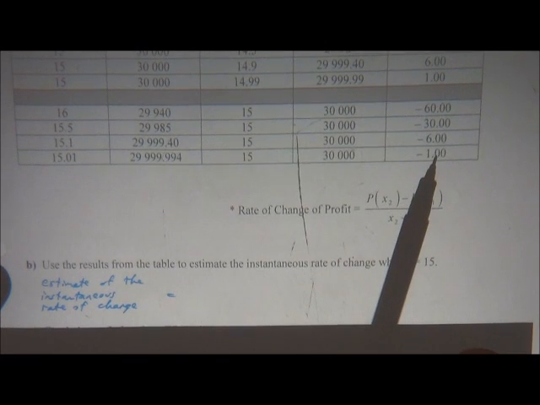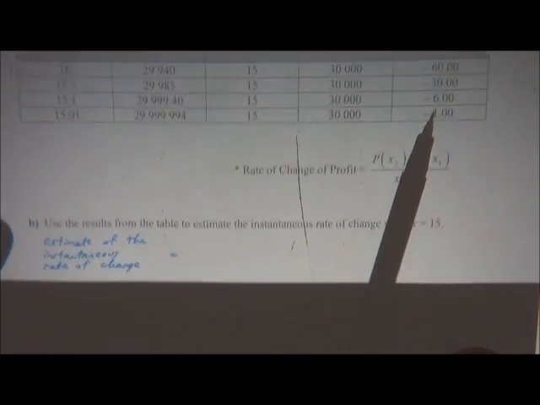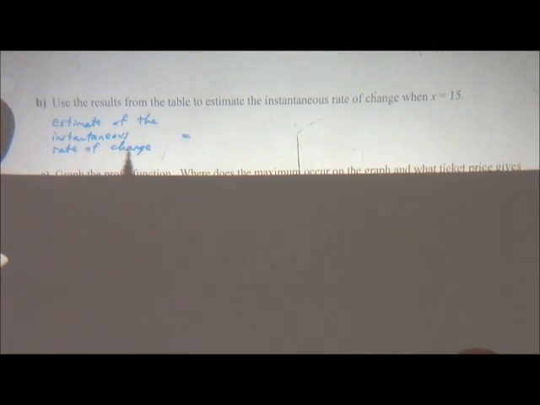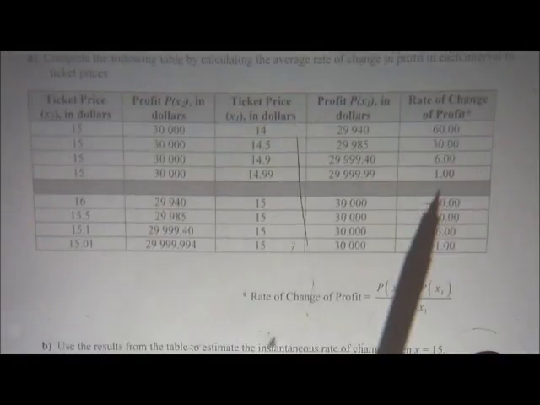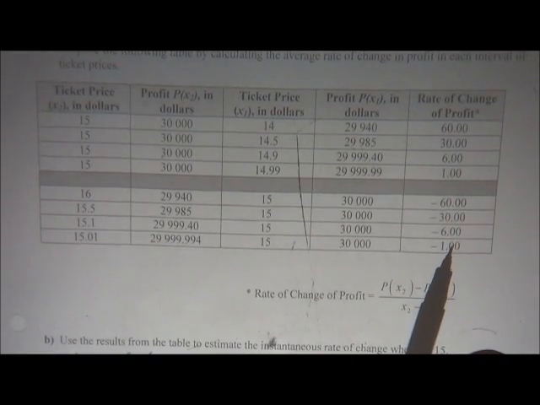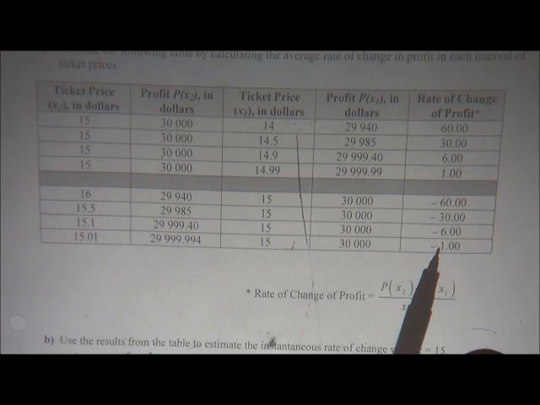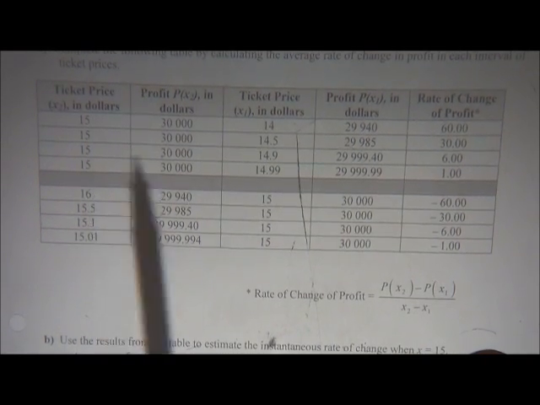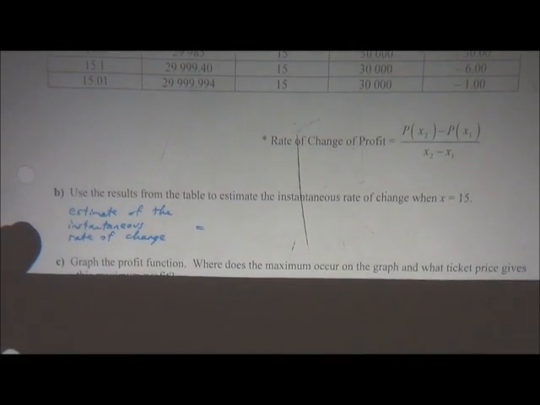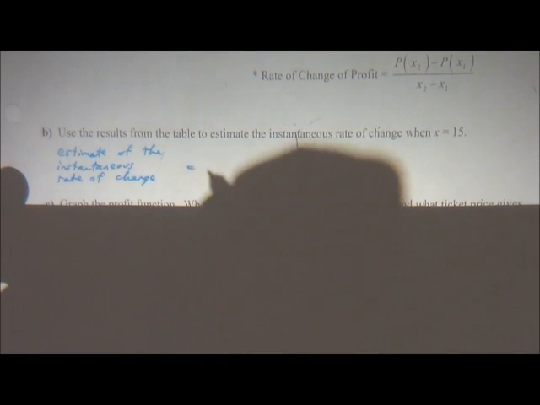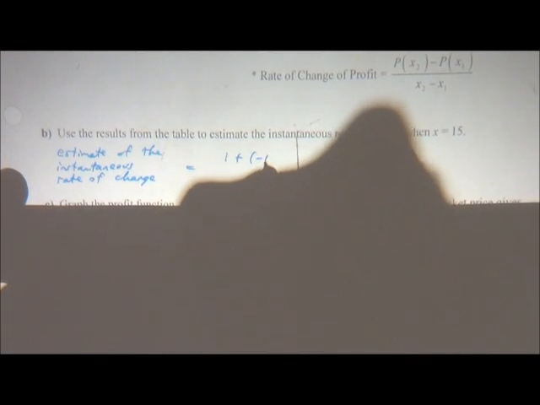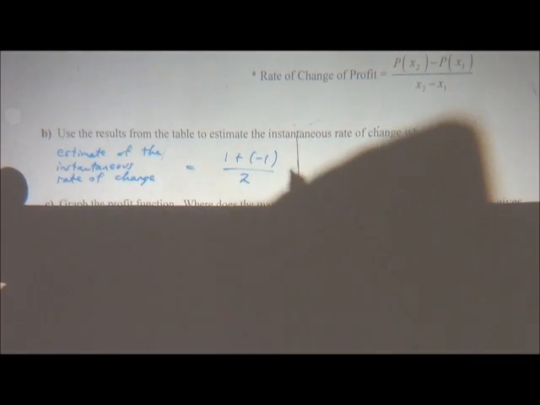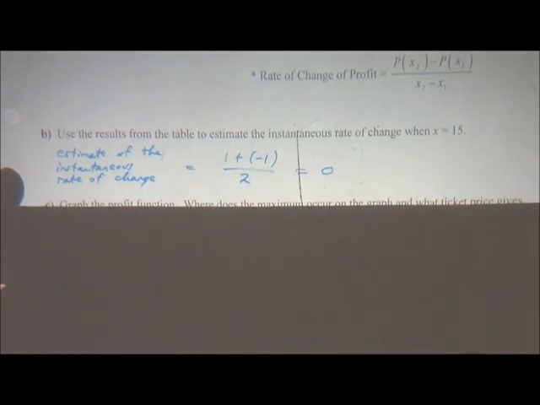It only becomes the estimate of the instantaneous rate of change when you take the last two results, the ones that are closest to the target value you're looking at, in this case $15, and take the average of those. So we've got (1 + -1) all over 2, and that gives us 0.